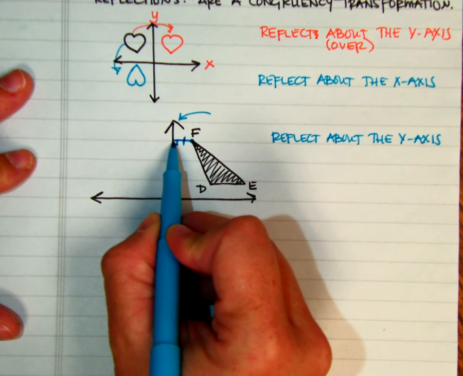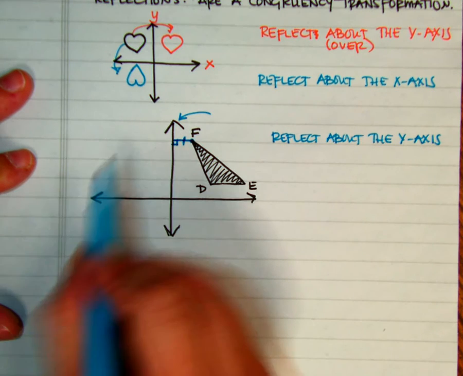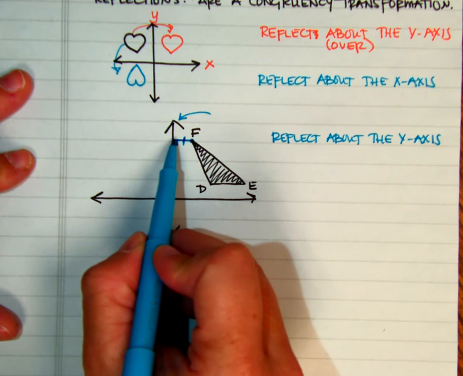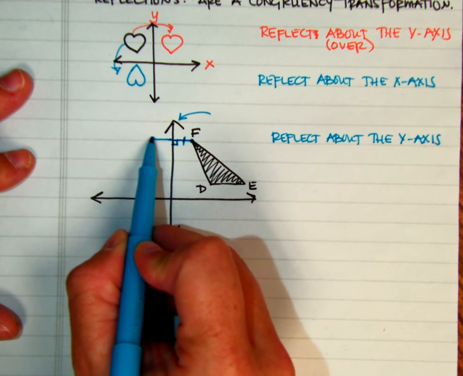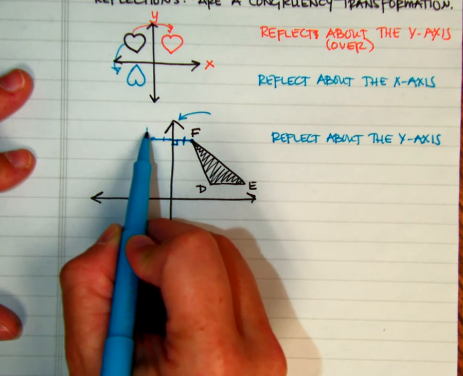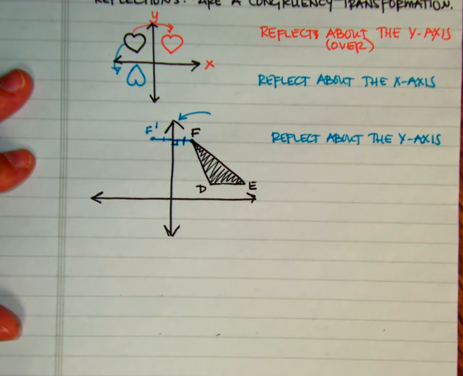So whatever perpendicular measurement it is there. So let's say, for example, maybe this is 2 units. Well, then it has to be 2 units the other way as well. And that would be my F prime.